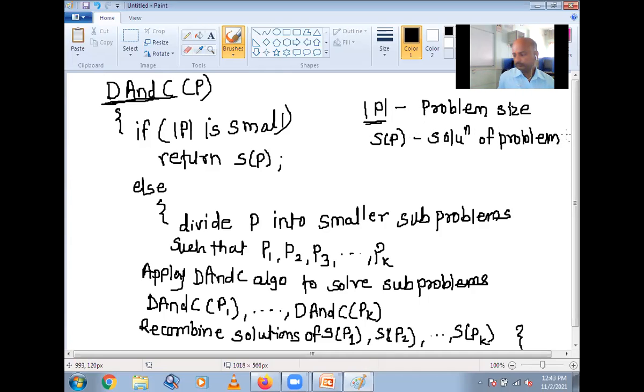See this algorithm carefully. Okay, anybody have any query regarding this algorithm?